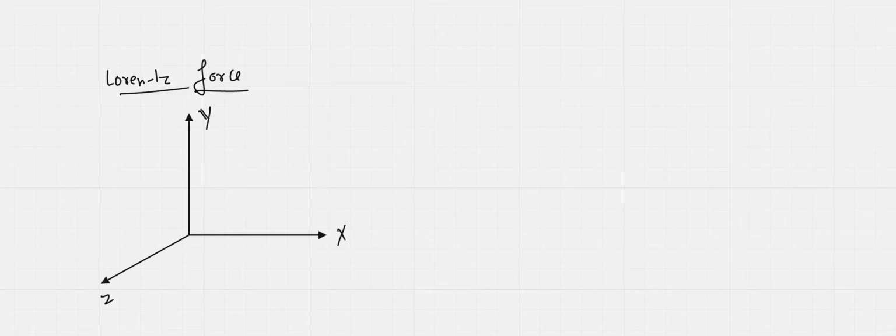Let's say there's an electric field in this direction, along Z, and then there's a magnetic field also, and there's a charge which is moving. So what is the interpretation of Lorentz force?